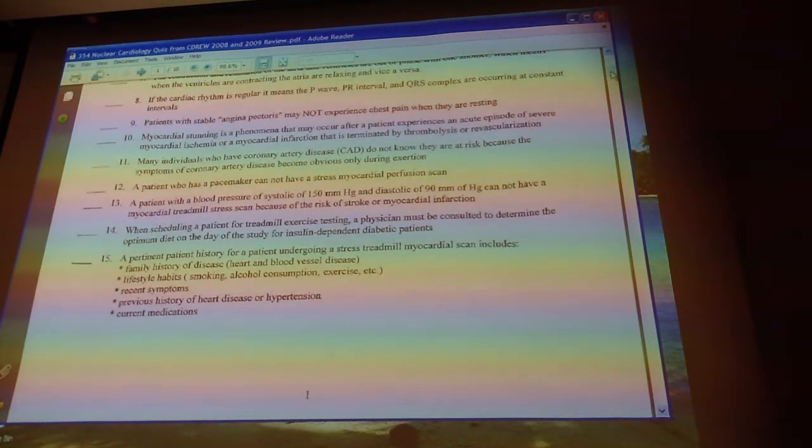We knew the adenosine was working because blood pressure goes down 10 systolic and heart rate goes up 10. That's when you inject your radiopharmaceutical.